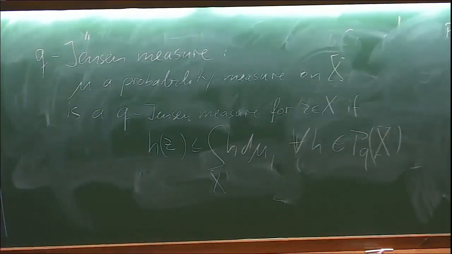So in other words, a q-Jensen measure for a point is one with respect to which P_q functions subaverage at c.